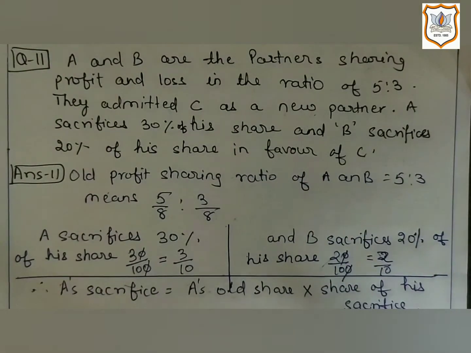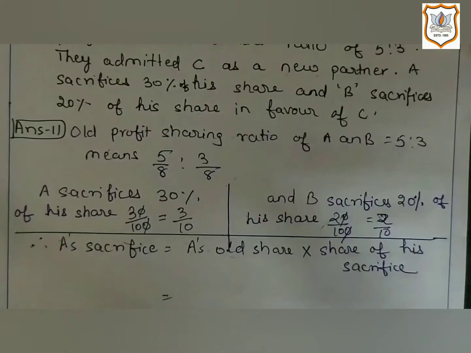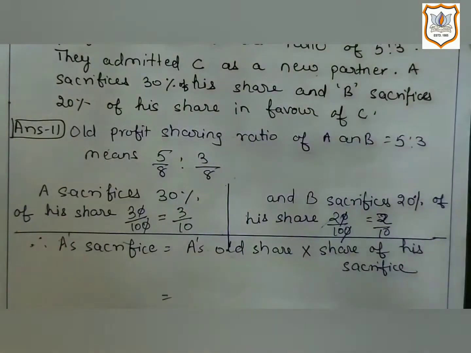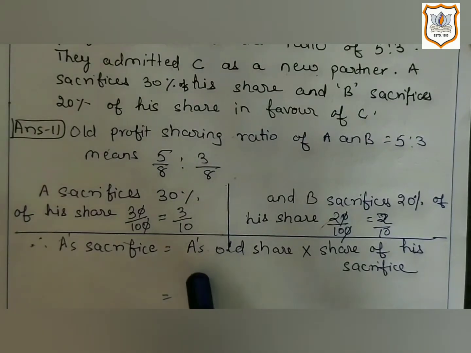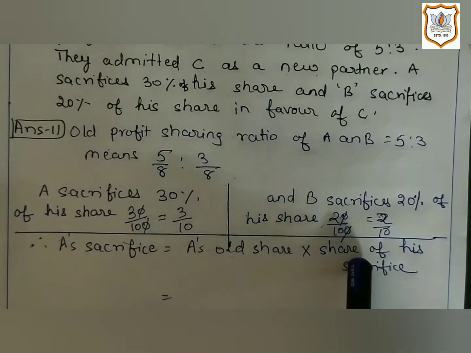So out of these available informations, we have to calculate sacrificing ratio and new profit and loss sharing ratio. Now here, in order to find out A's sacrifice, we will apply this formula, that is A's old share multiplied by share of his sacrifice.